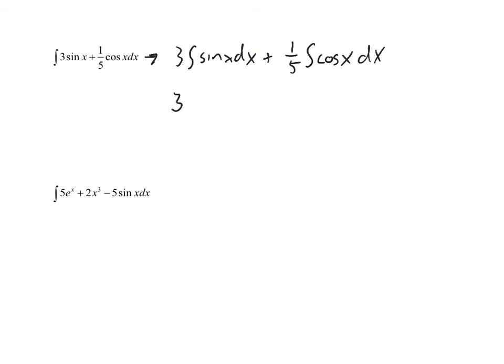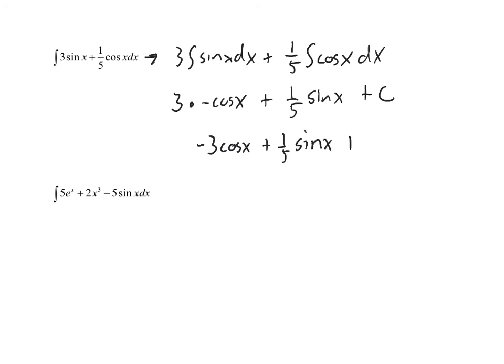So 3, and the antiderivative of sine of x is negative cosine x, plus 1/5. The antiderivative of cosine x is sine x, and we always add a plus c. And then just to simplify, 3 times negative cosine x, I'm going to rewrite that as negative 3 cosine x plus 1/5 sine x plus c.